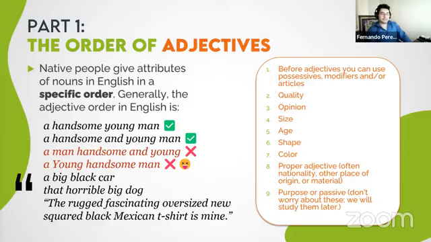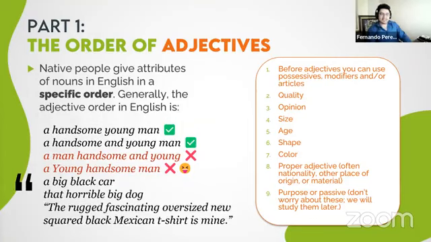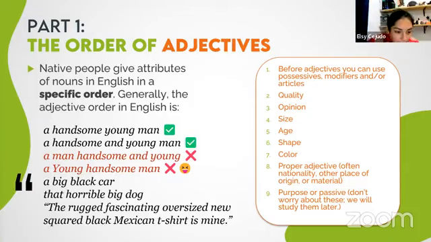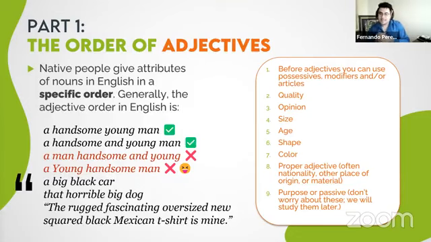This is an example of one t-shirt that is described in great detail. Of course, as you can see, it is strange to see so many adjectives. It's not common to have so many adjectives in one example, but it's possible.